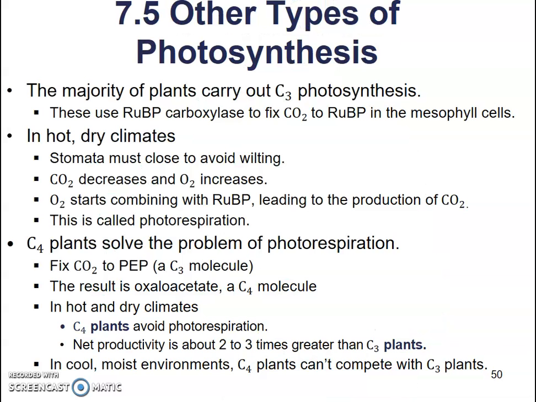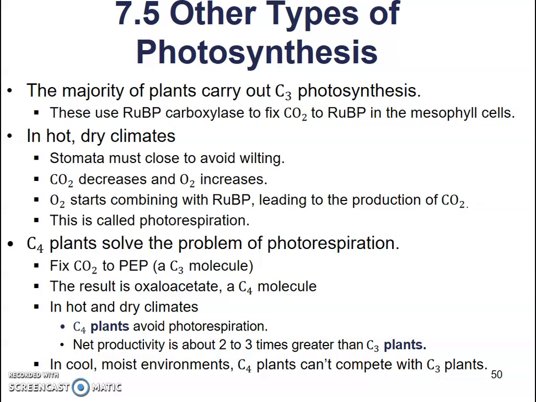Here we have section 5, other types of photosynthesis. The majority of plants carry out C3 photosynthesis. These use RUBP carboxylase to fix CO2 into RUBP molecules in mesophyll cells. However, in hot, dry climates, stomata must close to avoid wilting because they would just lose too much water.